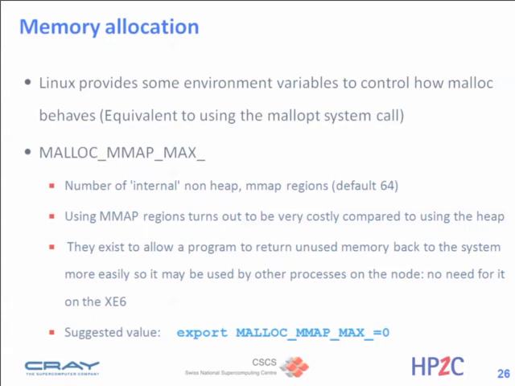You are the master, you are the only user of the nodes when you run the application. No one else should use these nodes. So all the features that are related to sharing and giving resources back to other possible users are of no use in this situation. One of these, for example, has to do with the allocation of memory.